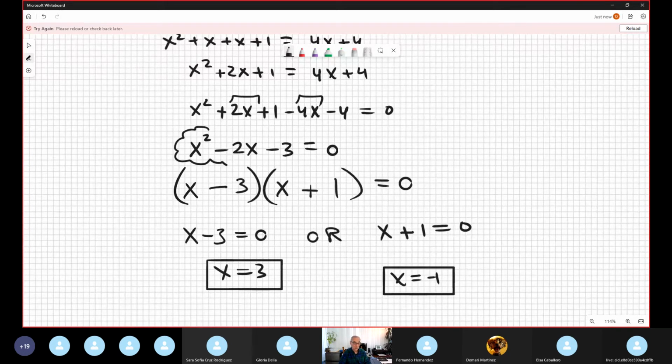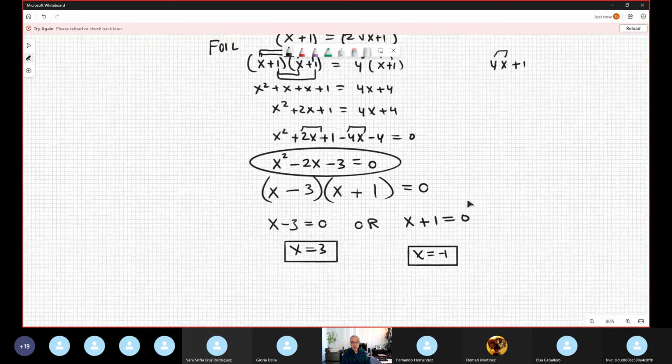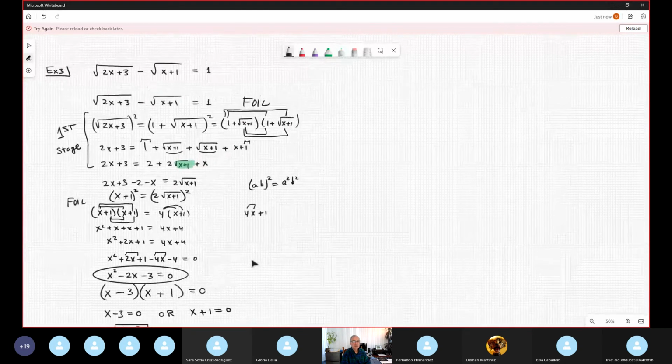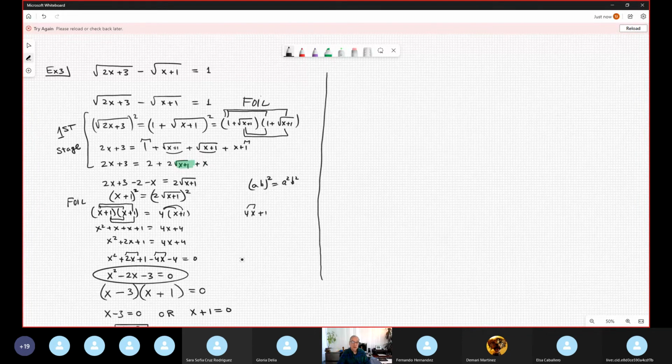Okay, I don't know if this equation is 100% equivalent to the original given at the beginning. So now to verify this, you're checking for x equal 3, and you're checking for negative 1.